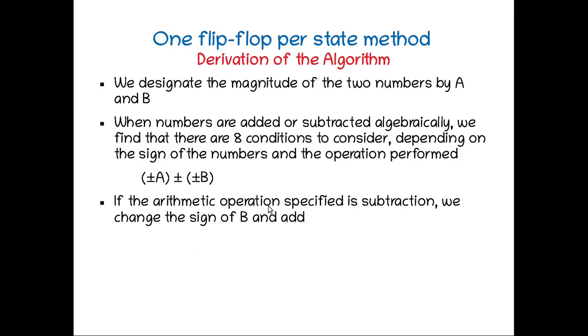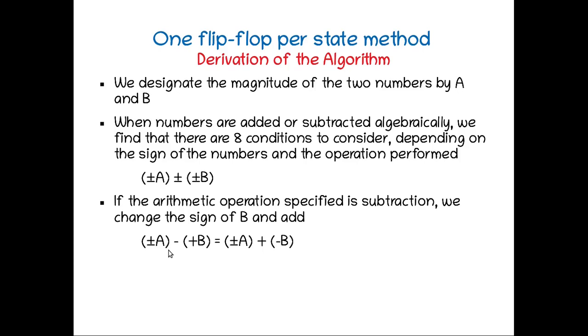But if the arithmetic operation is specified as a subtraction, we change the sign of B and add. In our example, if the operation to be performed is a subtraction, then we will simply change the sign of this one, and the operation will perform an add operation like this.